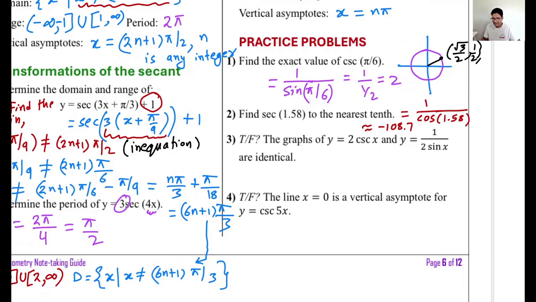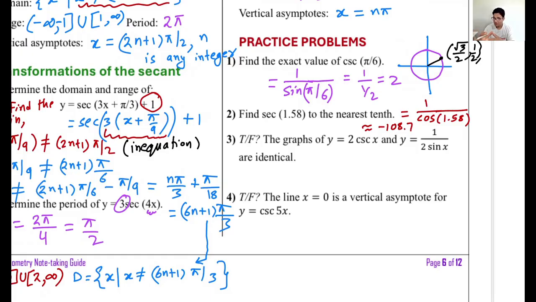And the answer is negative 108.7 when you round to the nearest tenth. It's 108.653, so that becomes 108.7 approximately. And if you wondered, that's a large value for a trigonometric function to have. It's not surprising because remember, secants can go to infinity or negative infinity. Here it is negative 108. That large value is because 1.58 is close to 1.57, which is almost pi over 2.